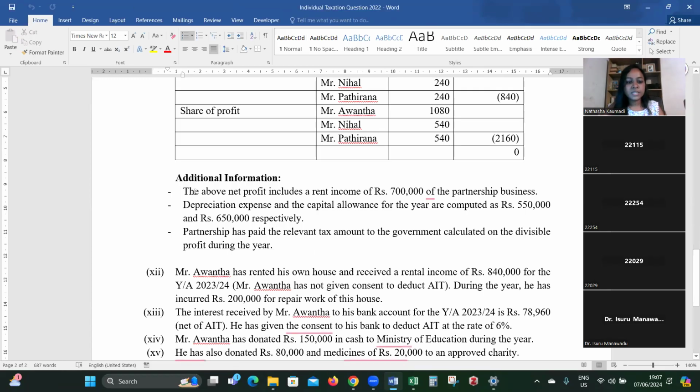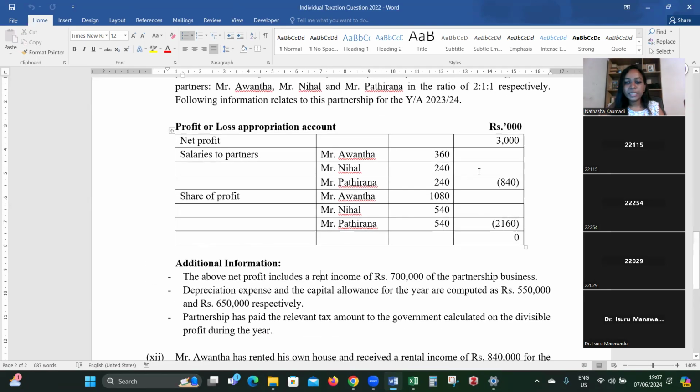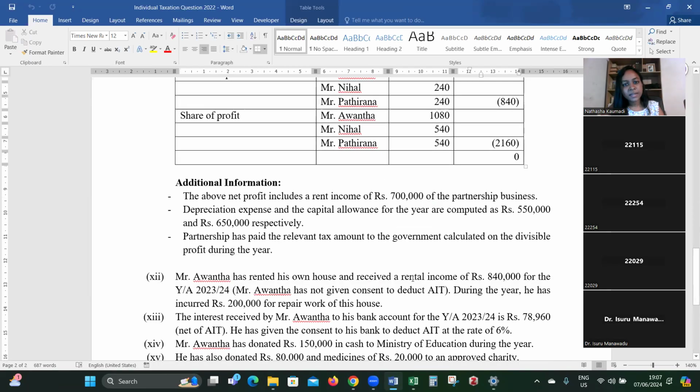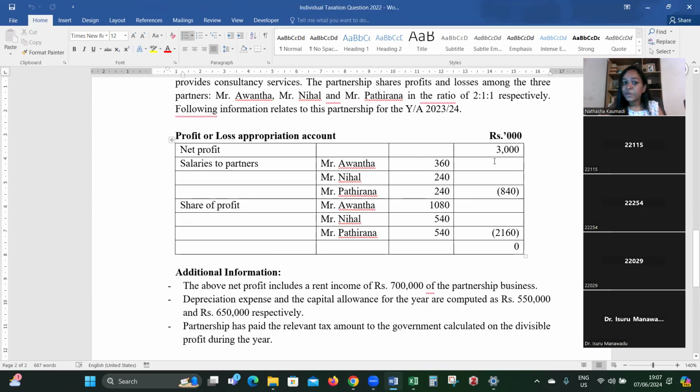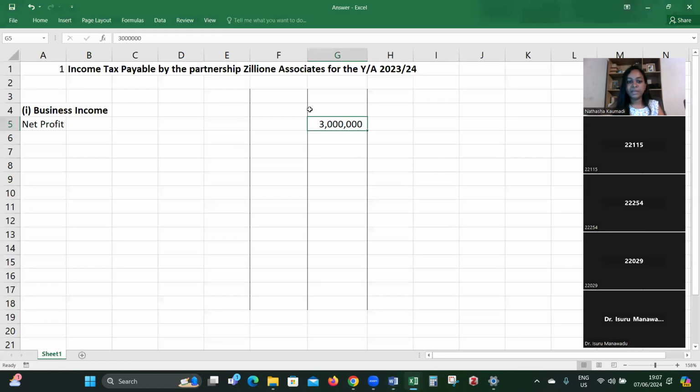Now we have a few other adjustments. One adjustment is this 700,000 rupees rent income, which is included in 3,000. We are talking about the business income, so we have to remove that 700,000 from 3 million, and consider that rent income as investment income. So that 700,000 comes under investment income.